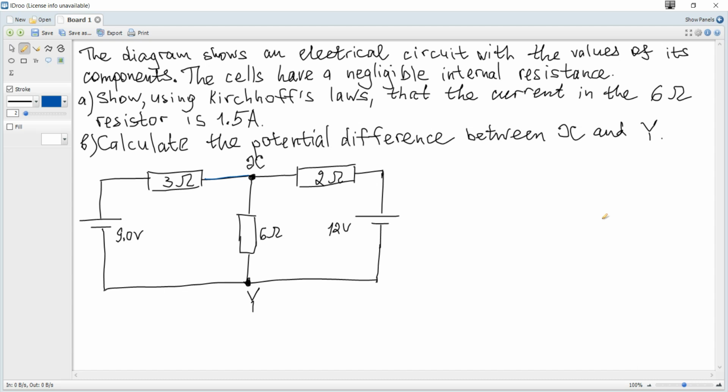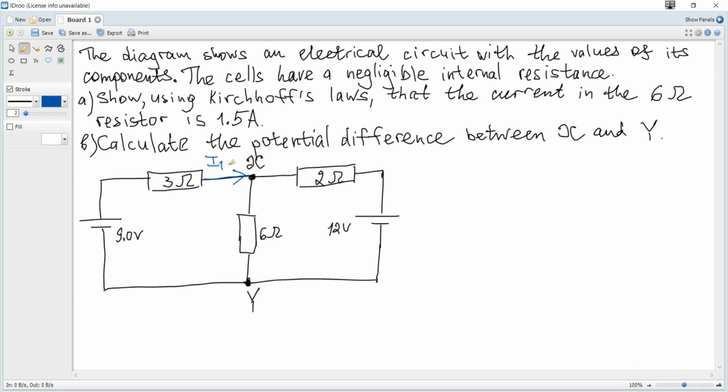The first step is we assume the direction of current at any part of this circuit. Let current to the left from the node X be to the right, and let it be I1.